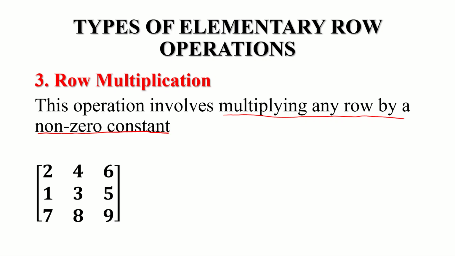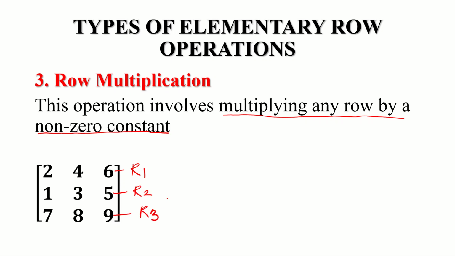The idea is that when we take a row, we can multiply it by any number apart from 0. So if we have a matrix as 2, 4, 6, 1, 3, 5, and 7, 8, 9, we can perform row multiplication. We know this one is row 1, followed by row 2, and the last one, row 3.